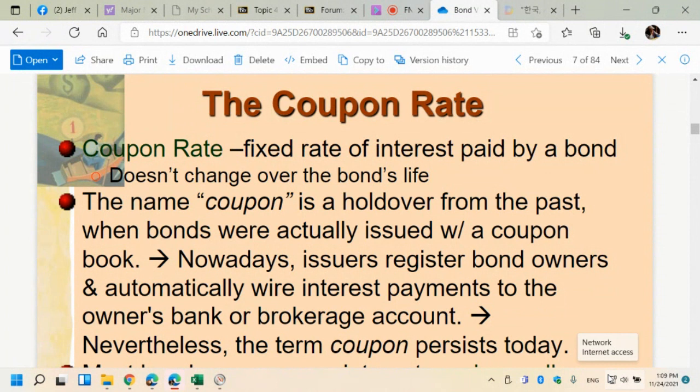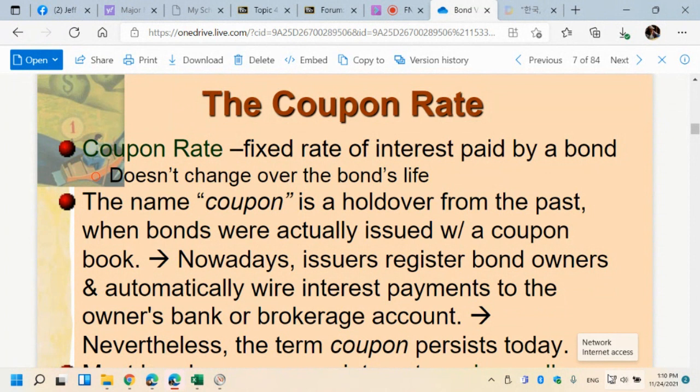In other words, there are three entities that can sell bonds. So the three entities that sell bonds are basically borrowers, right? Those three entities are the federal government, or national government, which in that case is called sovereign bond.